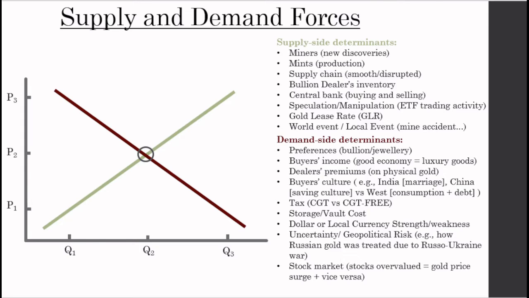So then we got GLR, which is the gold lease rate. This is something only central banks can do, which is they can actually lease or rent out gold to other central banks or other financial institutions.